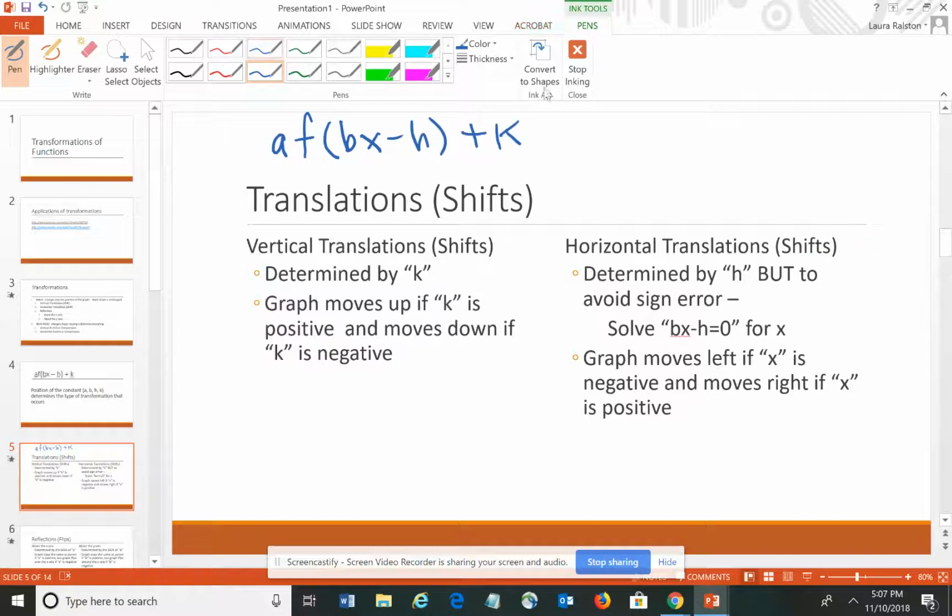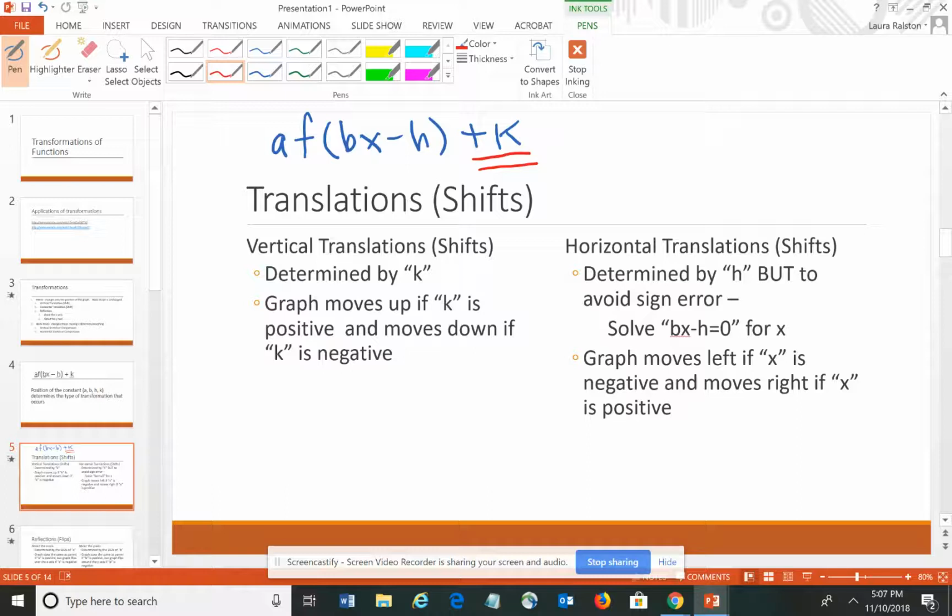The k is oftentimes tagged at the end, almost as an afterthought. It's outside the parentheses, whereas the h is inside the parentheses of the function. And so k determines whether you're going to have a vertical shift.